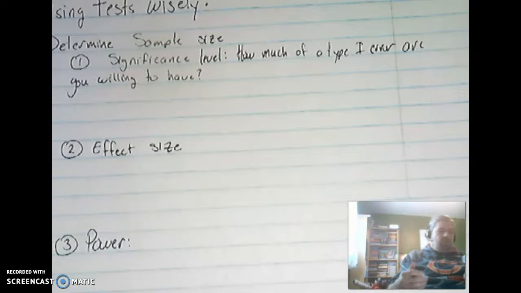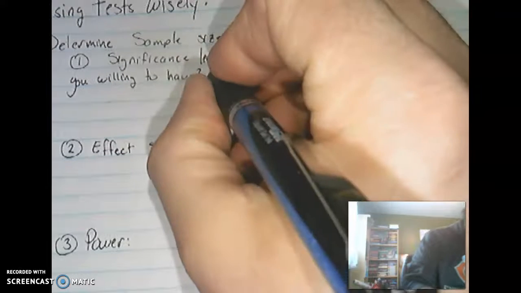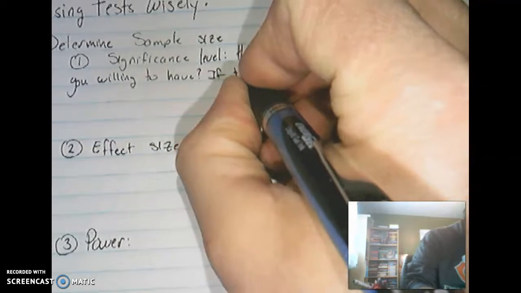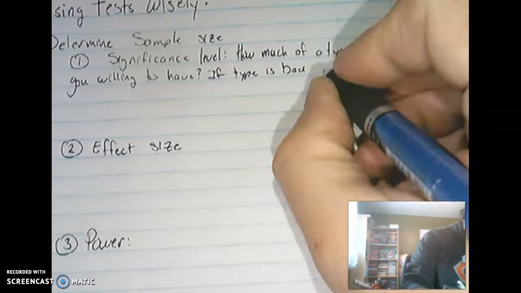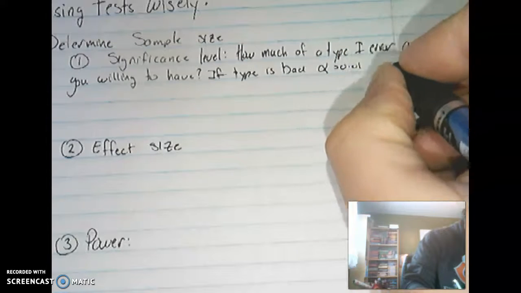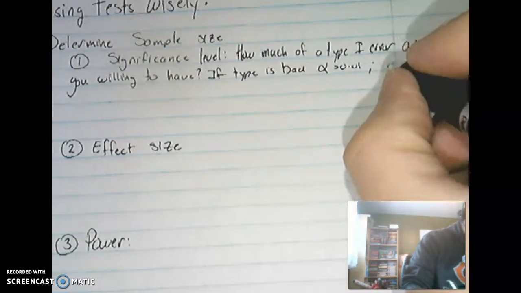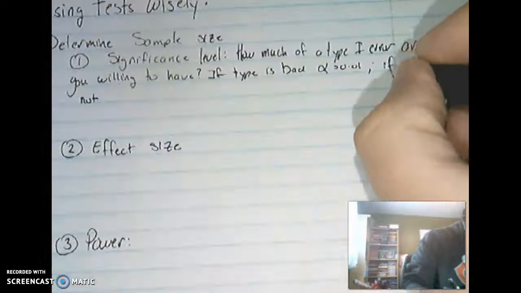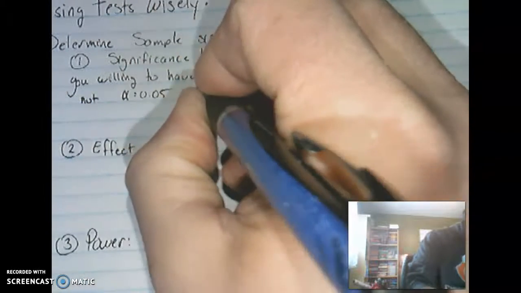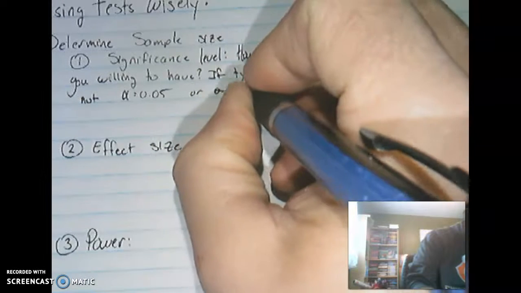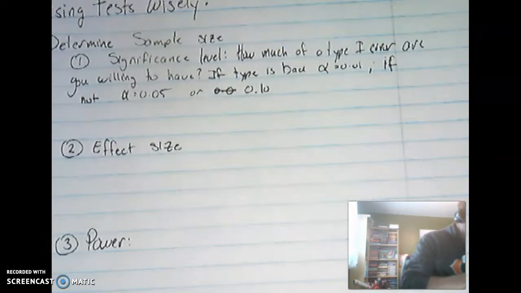So if type 1 is bad, we're going to use something like this. If not, then our significance level will be 0.05 or 0.10 or something along those lines.